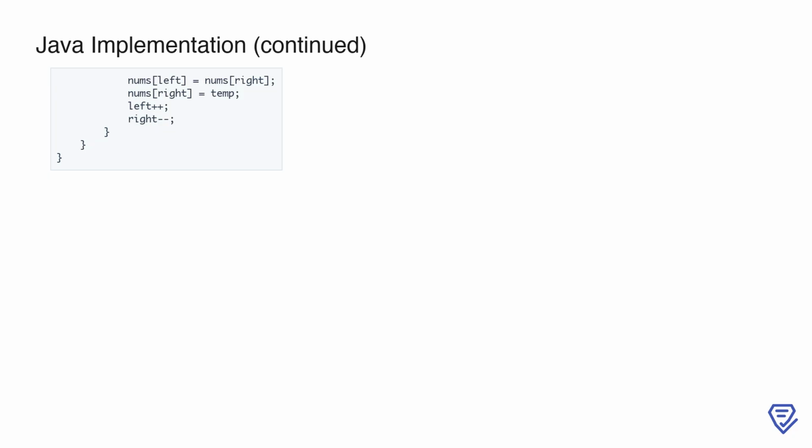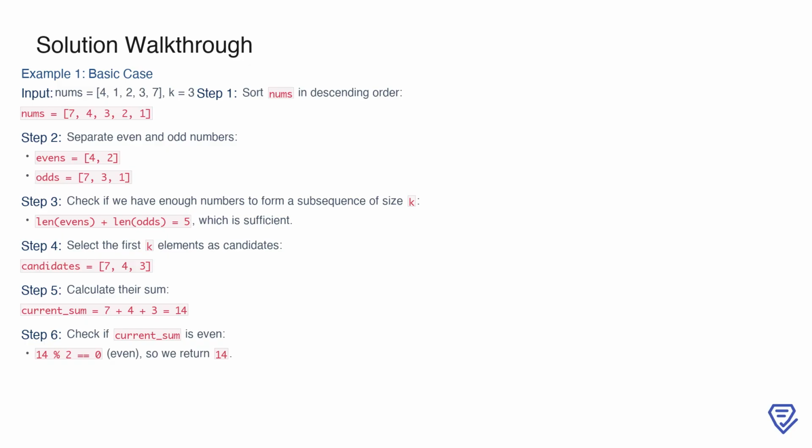The method uses a temporary variable to hold one of the values during the swap, ensuring that the elements are correctly exchanged. Once the reversal is complete, our array is ready for subsequent processing in the rest of the solution. With this, the implementation is complete, and the method is capable of determining the largest even sum of a subsequence of size k. To solve this problem, we start by examining the first example.